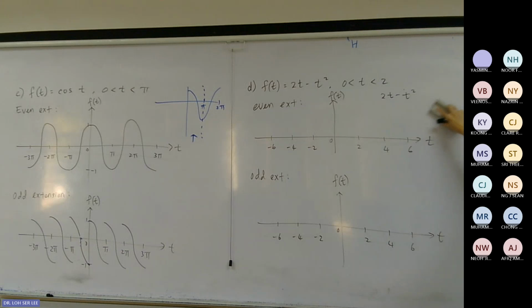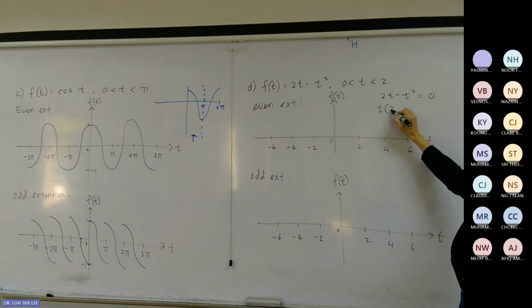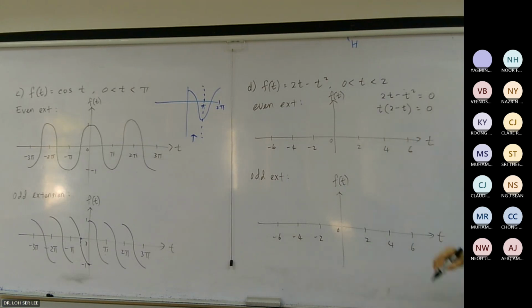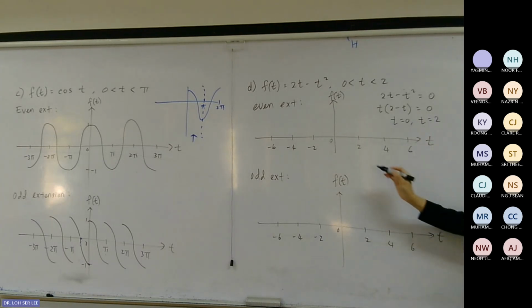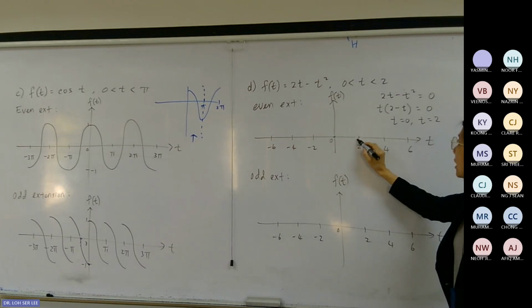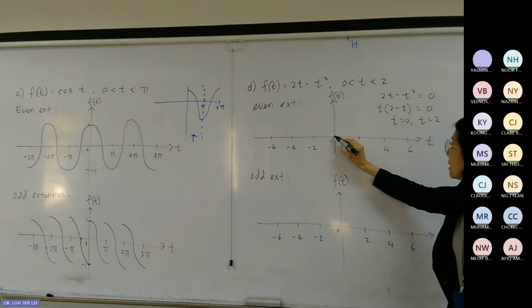We let this function, y, equal 0, because when we want to find the x-intercept, we let y equal 0. Then your t will be 0 and also 2. That means the graph will pass through 0 and 2 with this curve.